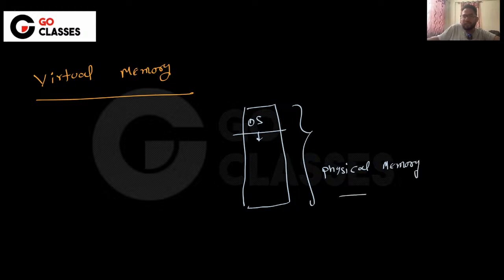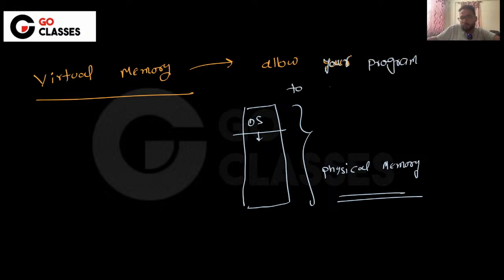Now virtual memory is saying that this memory is not just physical memory, it can be as large as your hard disk, because virtual memory allows your program to be stored on the hard disk.